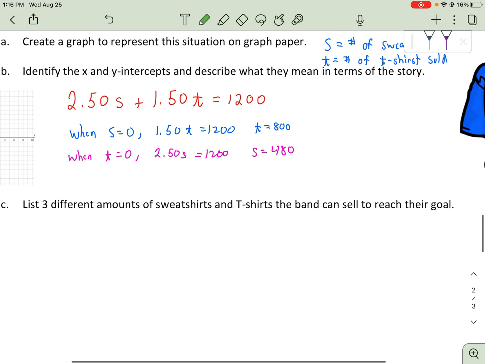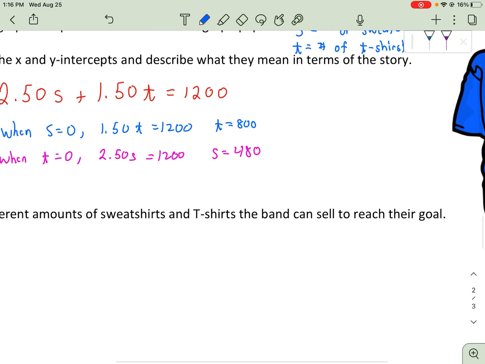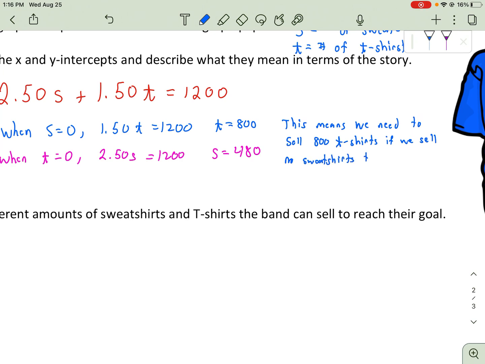Okay, so the blue means we need to sell 800 t-shirts if we sell no sweatshirts to raise $1,200.